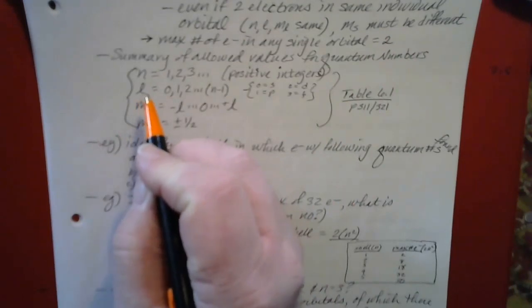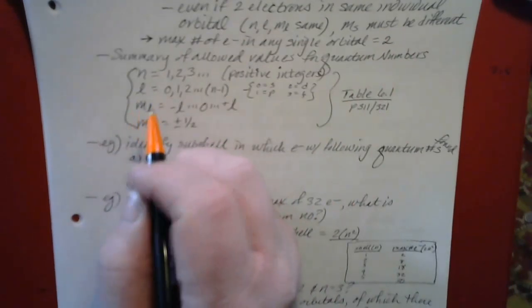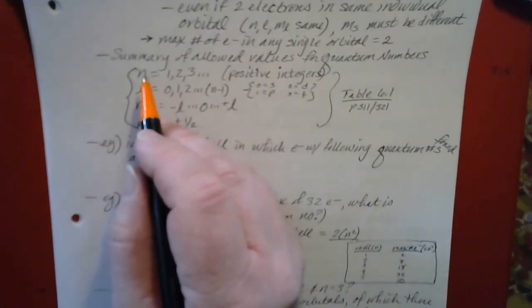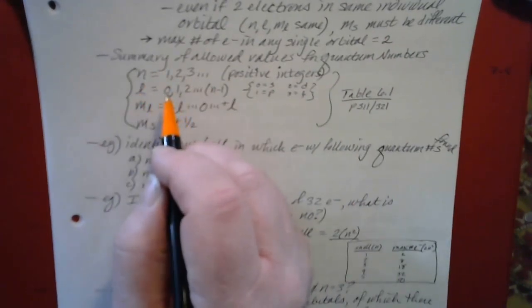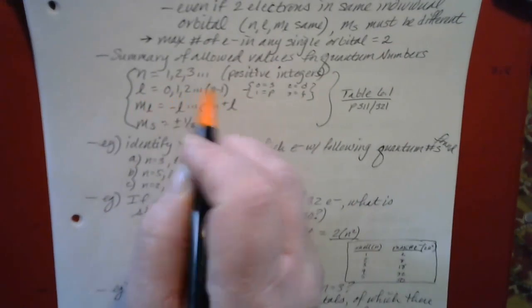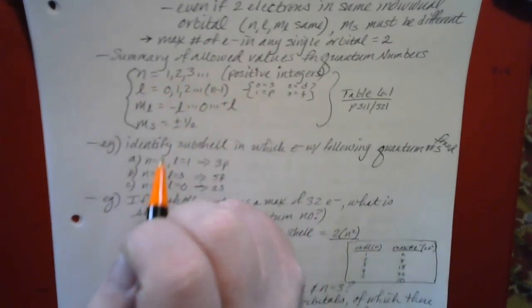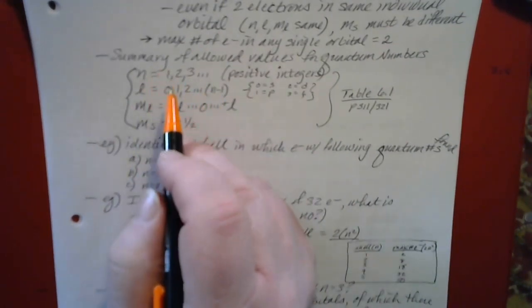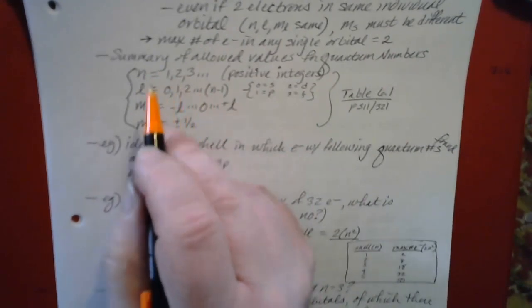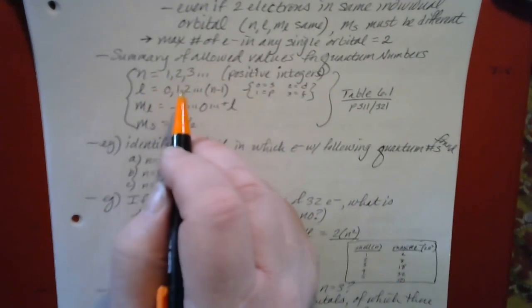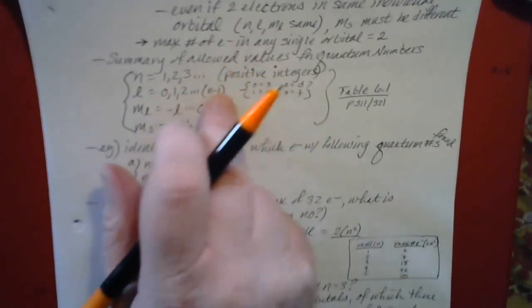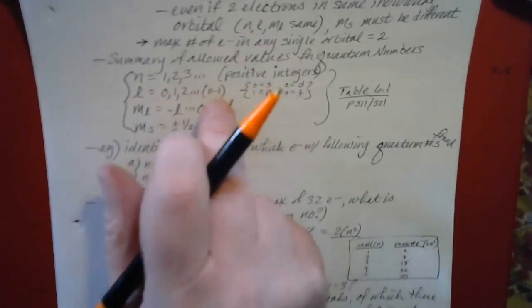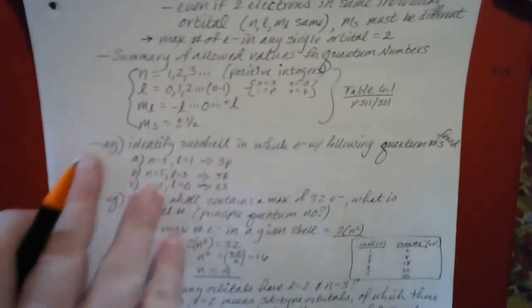So allowable values for L depend on what the value of n was. L possible values start at 0 and end at n-1. So if n is 1, then 0 is the only possible value. If n equals 2, then 0 and 1 are possible, but 2 isn't, and so on. So the maximum value for L is n-1.